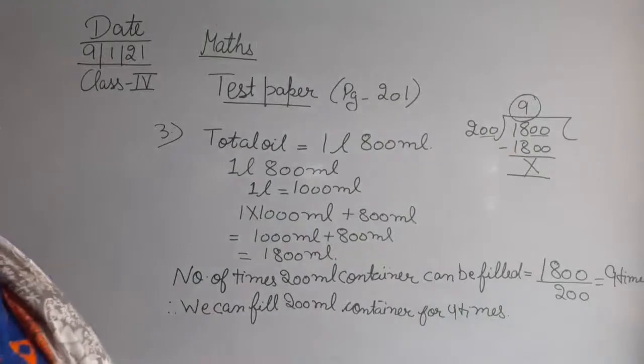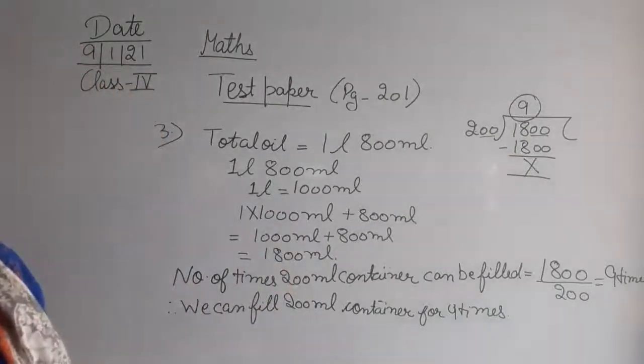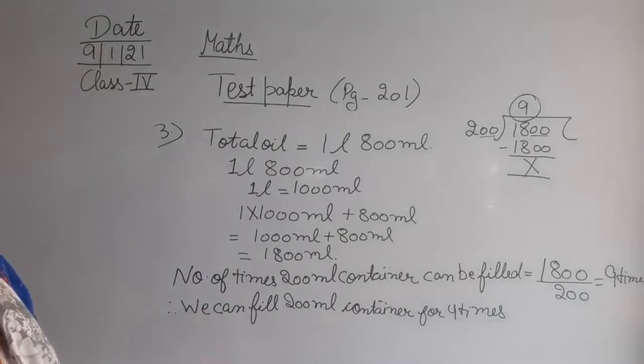So we can fill the container 9 times with 1800 ml of oil. So this is the solution of the third sum.